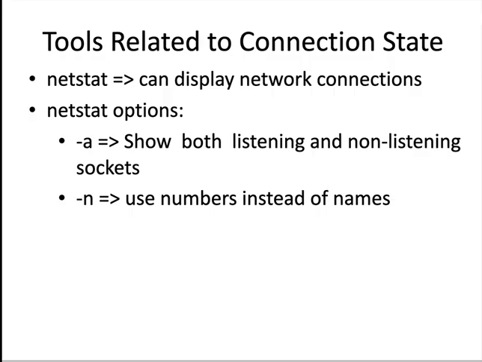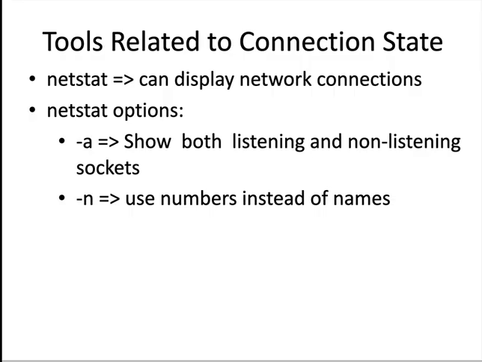Also, for ports, it will have things like HTTP by default, but if you use the -n option, instead of putting HTTP there, it would actually put 80. So you can either get the name, more verbose output, or you can actually just get IP numbers and port numbers, whichever you want.